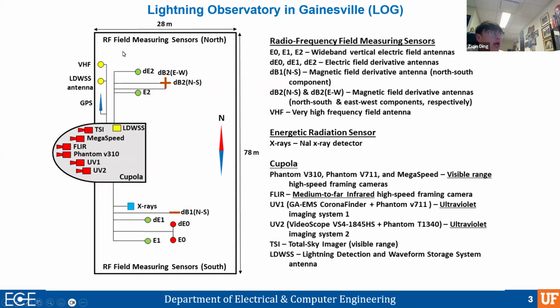Outside the cupola, we have radio frequency field measuring sensors spreading out on top of the roof. We also have energetic radiation sensors, a sodium iodide X-ray detector. Inside the cupola, we have different high-speed imaging sensors, and some other imaging systems installed by other groups.